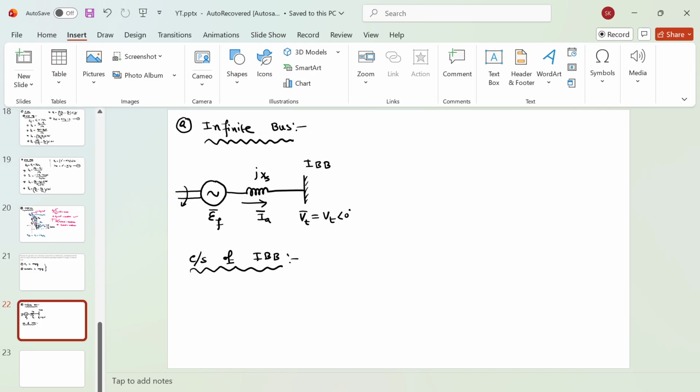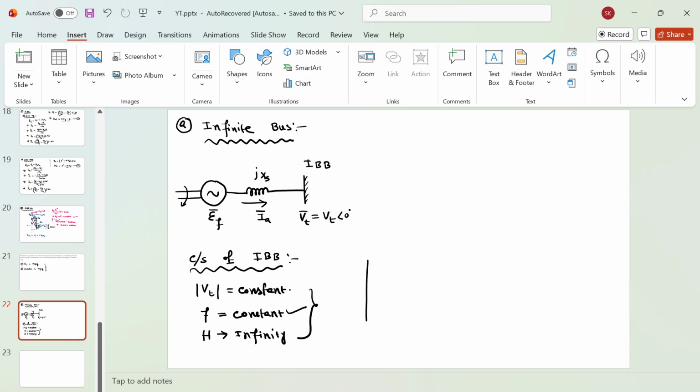For the infinite bus bar, the magnitude of the bus bar voltage needs to be constant, and the frequency of the bus bar is also constant. And when the frequency is constant, that means the inertia of this infinite bus bar is infinity. So mainly these are the three characteristics.